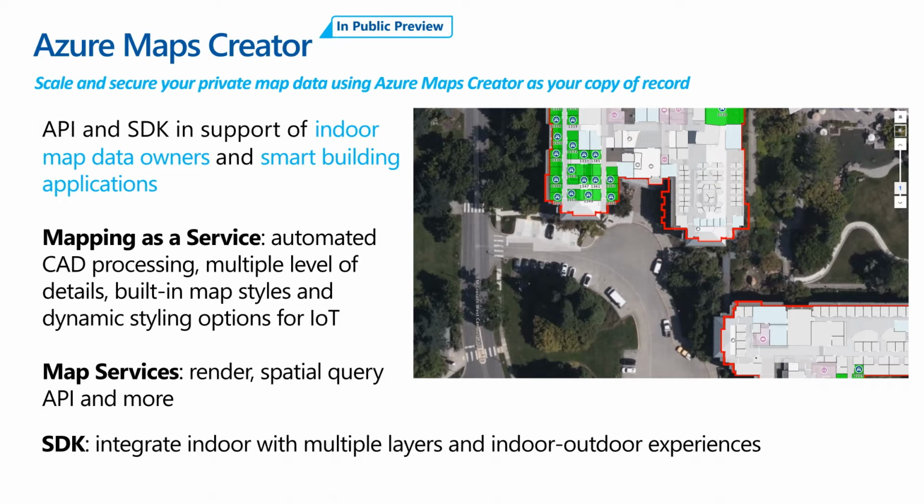So essentially what we added with Creator is a set of APIs and SDKs that you can use to create and manage indoor map data, as well as build applications for indoor maps that also efficiently make use of data that may come through a live system. And that's the concept behind smart building.